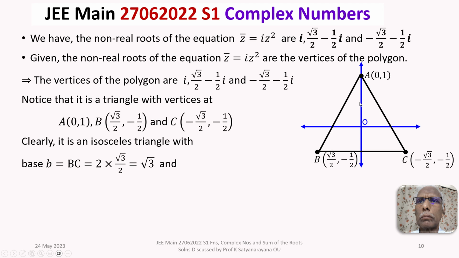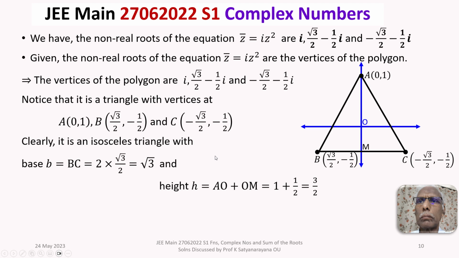And the height h is equal to AO, that is 1 unit, and OM, only the length you have to take, is 1 by 2, because height is the length. 1 plus 1 by 2, that is 3 by 2. So AM is 3 by 2.